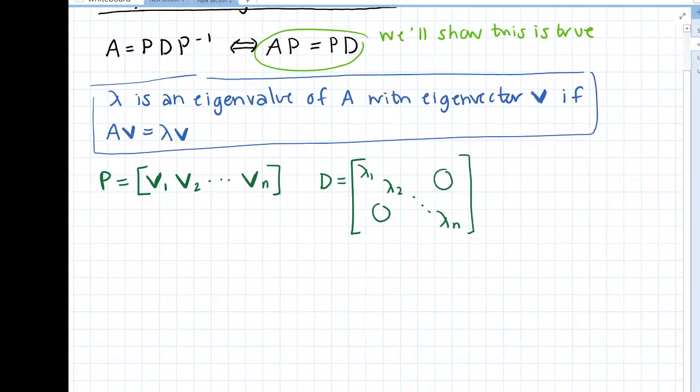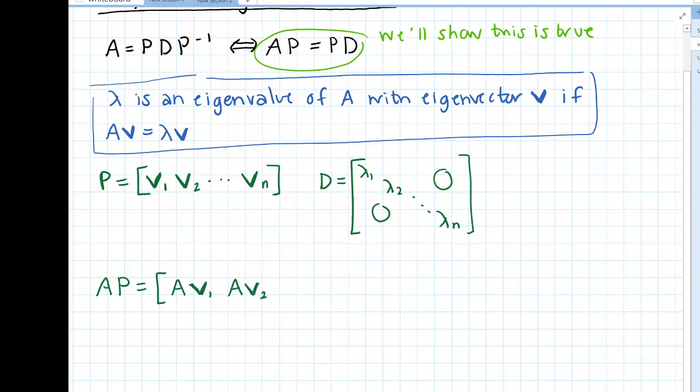So let's see what happens if we multiply together our matrix A with P. This is going to go back to the way that we very first learned matrix multiplication. If you're multiplying a matrix with a vector, you can think of it as taking your matrix and individually multiplying it with each of the column vectors. I'm going to write something down and then I'll explain what it means.